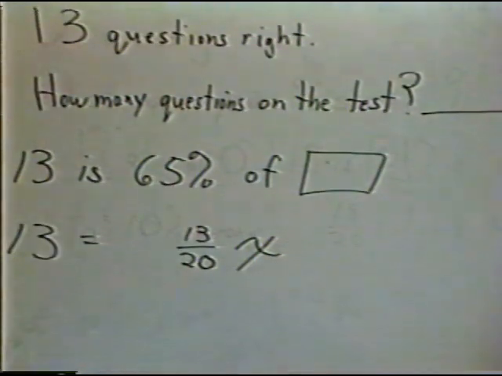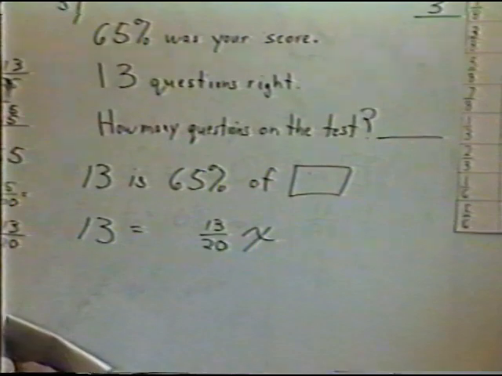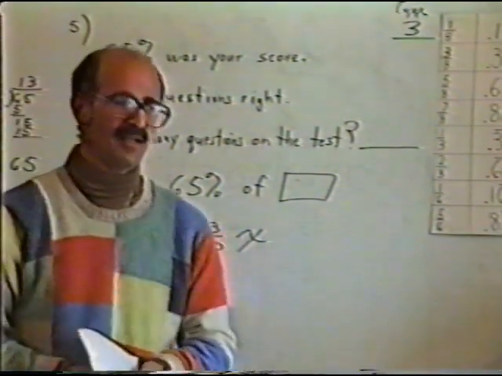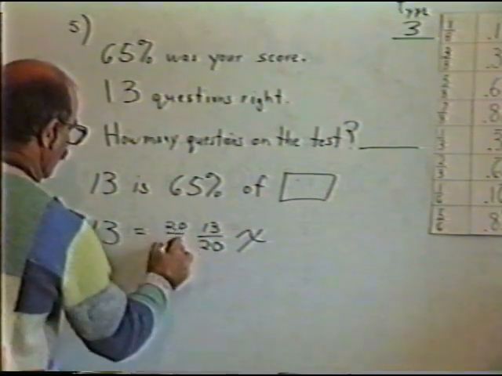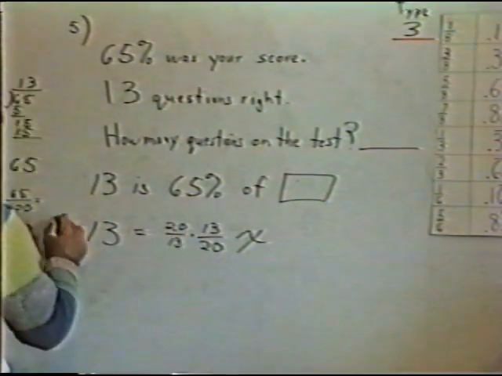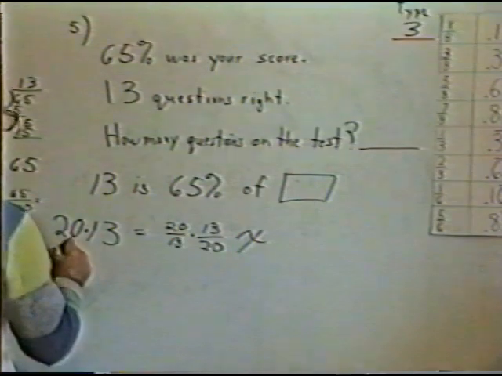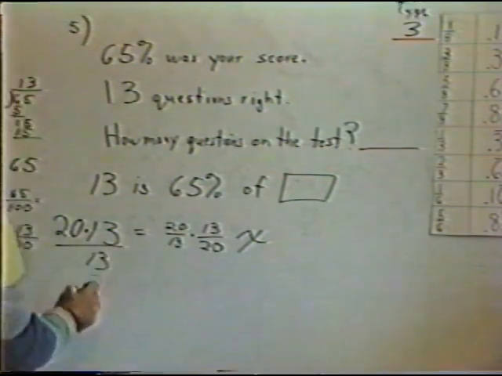x. Since we have a fraction in front of the x, we have to multiply both sides by the flip-flop. 20 over 13 and 20 over 13.